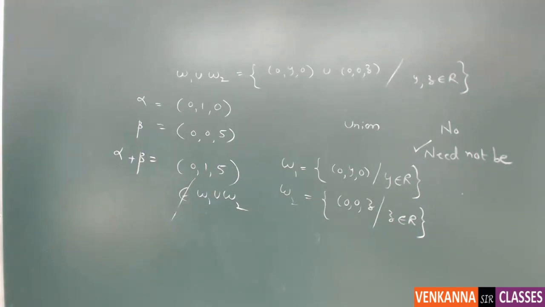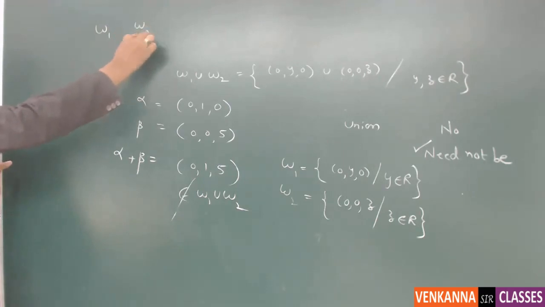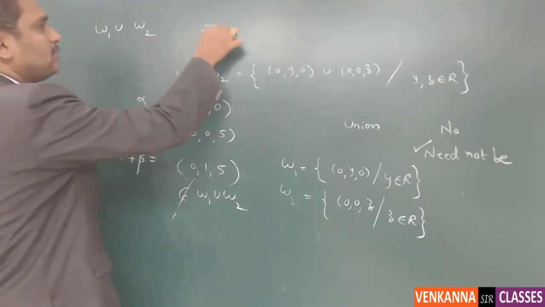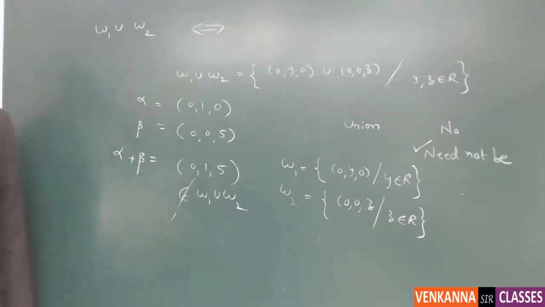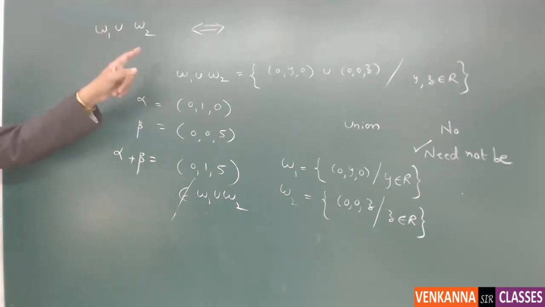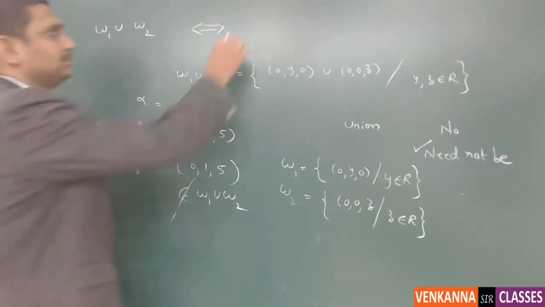Are you getting the point? So, one interesting result developed here is: whenever you have two subspaces, the union is a subspace if and only if one of the two sets is a subset of the other.